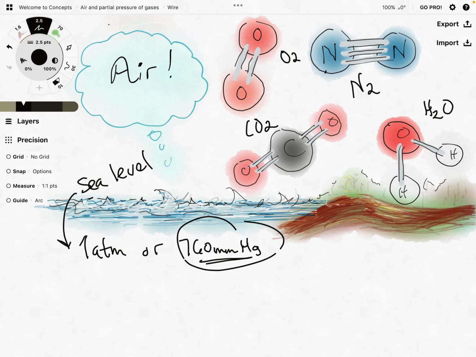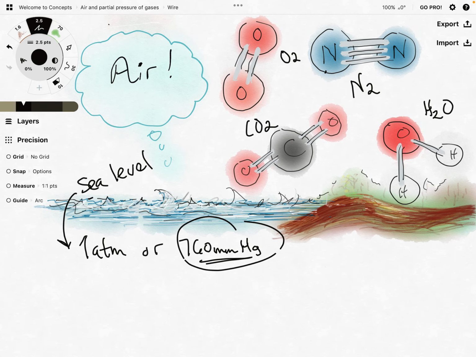If we just focus on these four gases, together they essentially constitute this number right here. We have 1 atm at sea level, and this can be within a range. You don't have to be right at sea level to see 1 atmospheric pressure. The other way we can represent this is 760 millimeters of mercury.